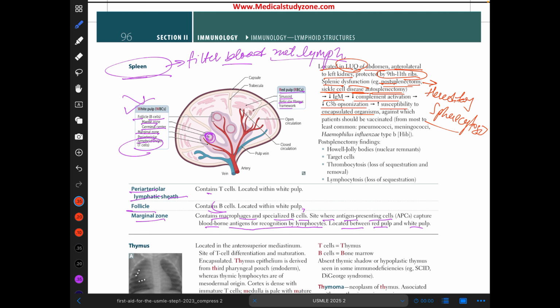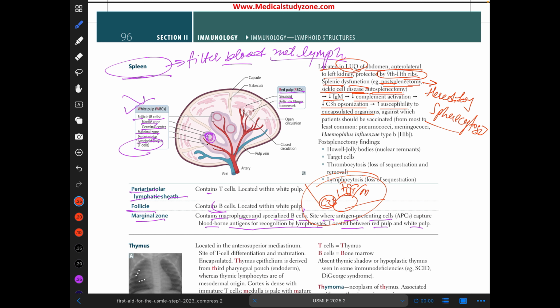I already told you how encapsulated organisms get opsonized. First, there will be attachment of immunoglobulins, IgG or IgM, and then there will be complement C3b, and then the macrophage goes to phagocytose that encapsulated organism.